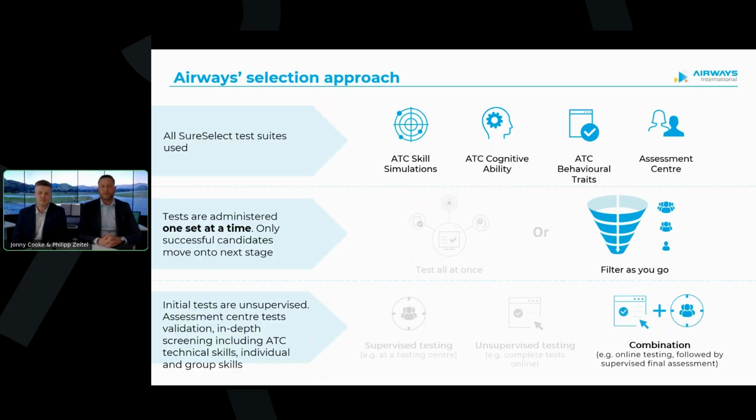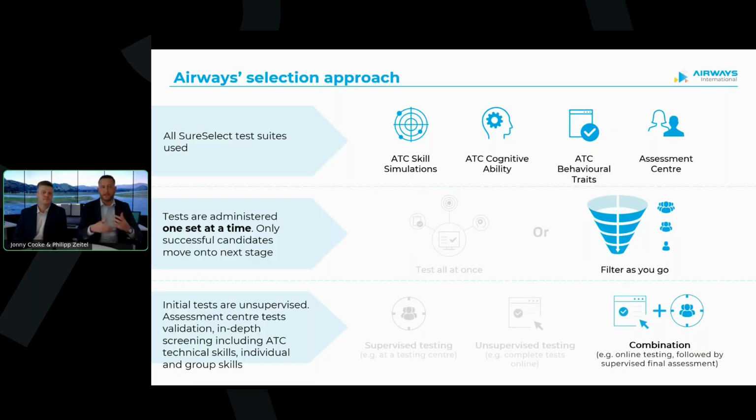If people score above a certain cutoff point in terms of STEM scores for cognitive abilities, they're then automatically sent through the Sure Select system to the next stage of testing, which is the ATC skills test. Again, these tests take a little bit longer. We're thinking that if people made it through the first stage, they have probably shown a bit of interest, and they're being told that they've done well.